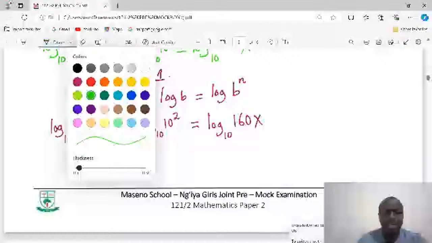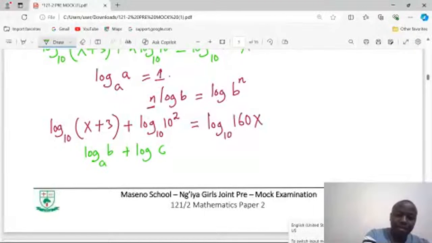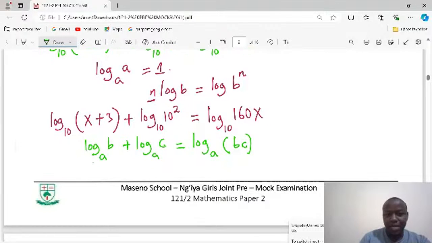We can apply further laws of logarithms, like this law, which says, let me write the law again using a different ink, the log of a certain number b to base a, plus the log of another number c to the same base, can be solved by taking the log to base a of b and c multiplied.